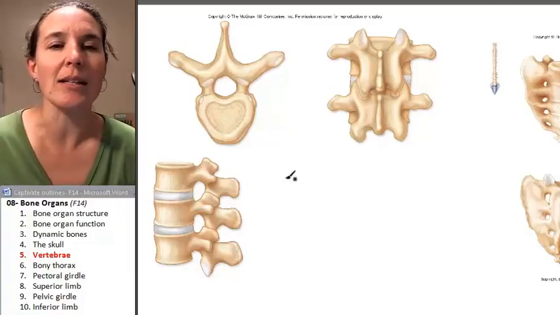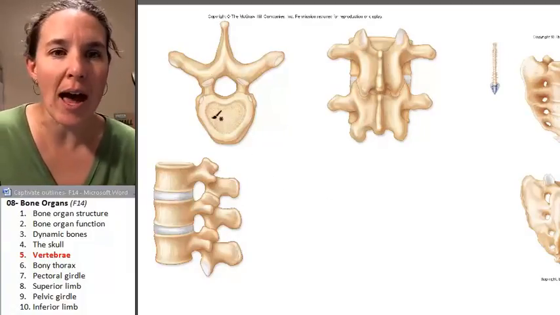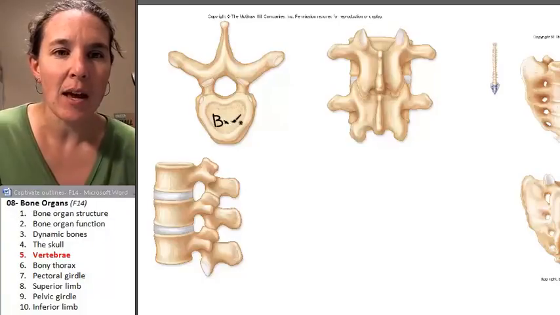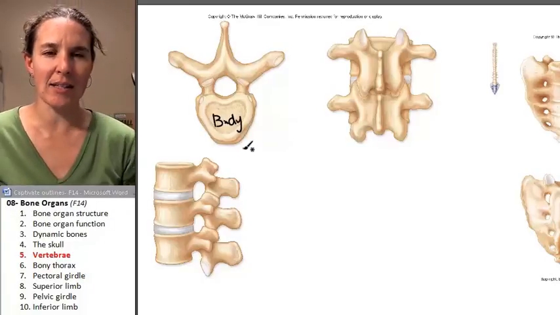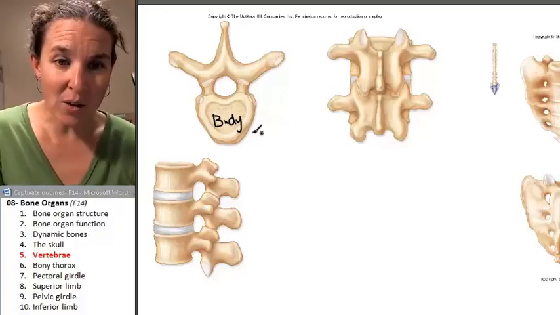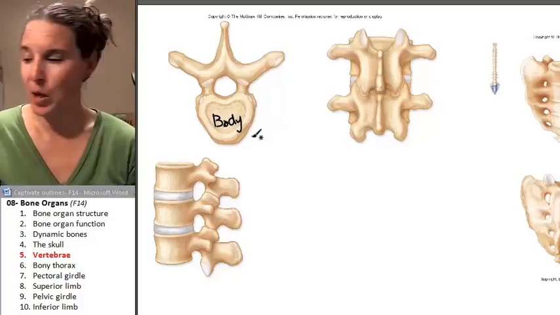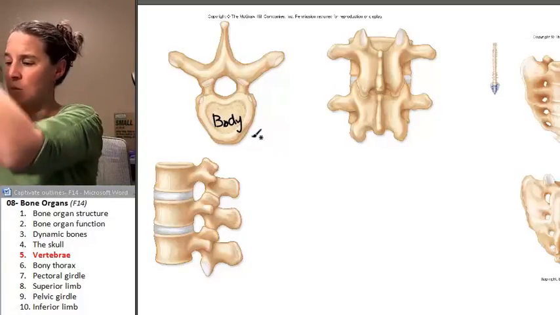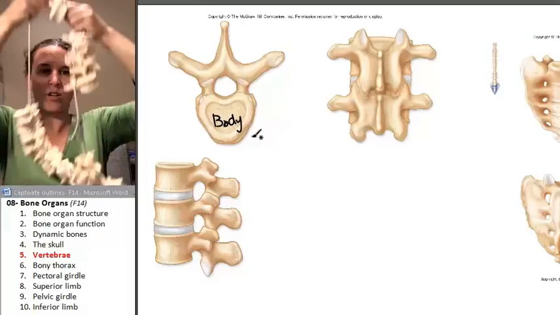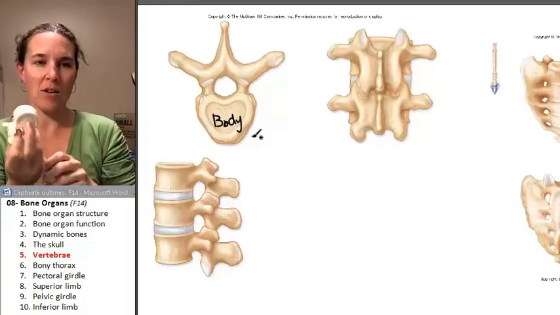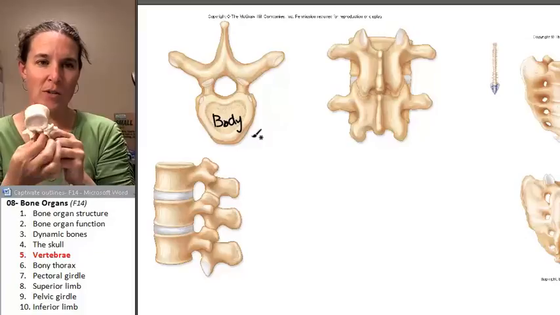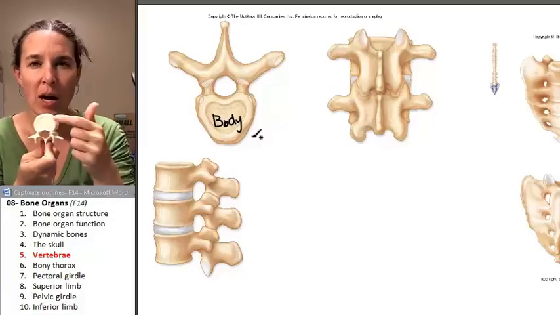Ready? Let's do it. Every vertebra has a body, and it's this round part. Here comes a vertebra. I've got vertebra on a string here, and here is the round part. The round body of the vertebra.